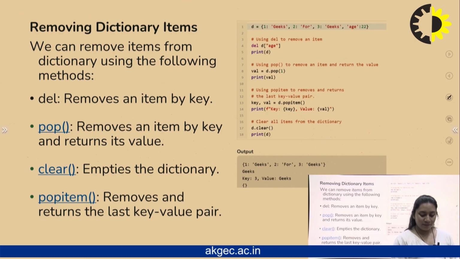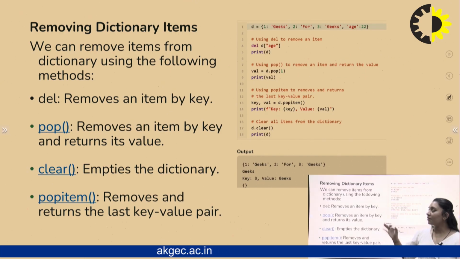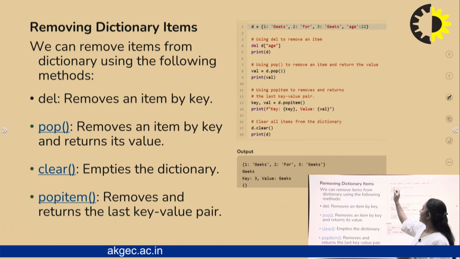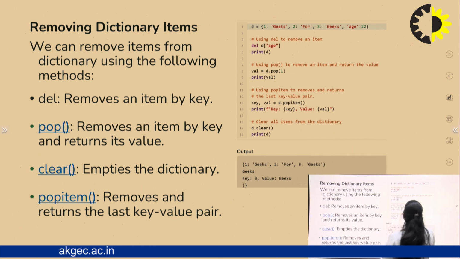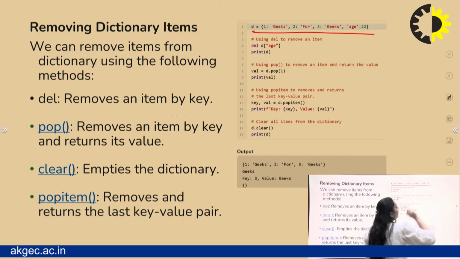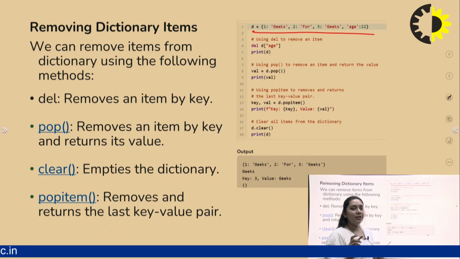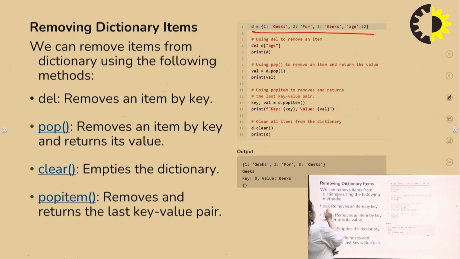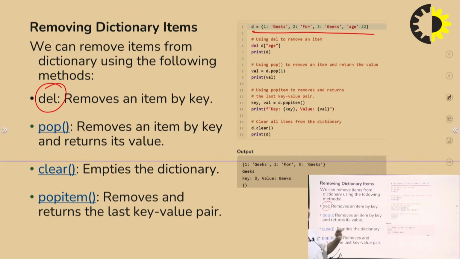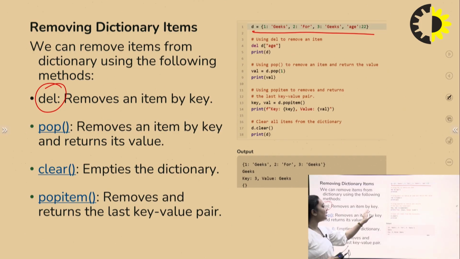So let's see the examples. For example, you have taken any type of example, and the dictionary is created, right? After that, you need to perform a built-in function, first the del function. The del function removes an item by key. How can you remove it?